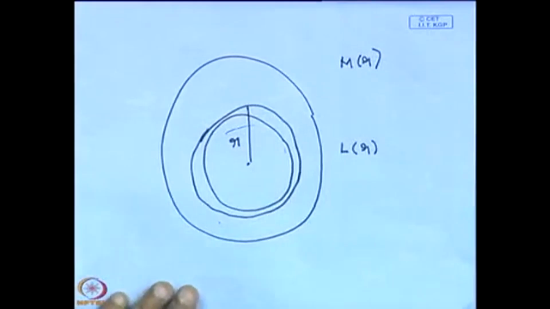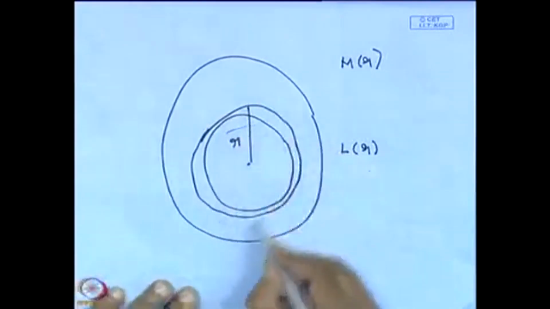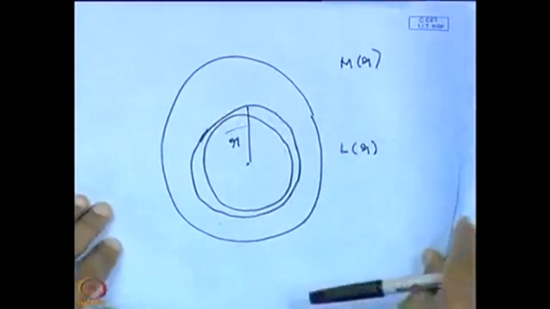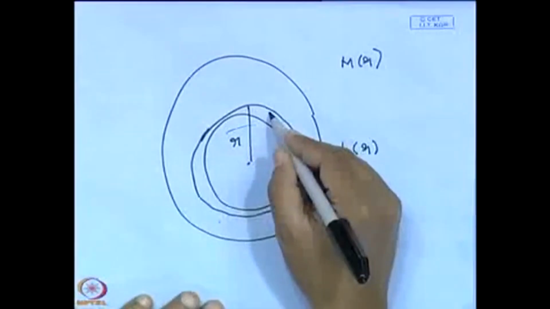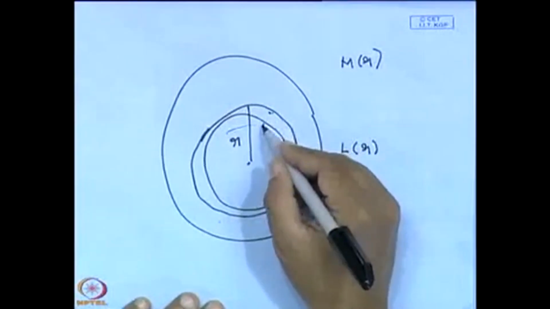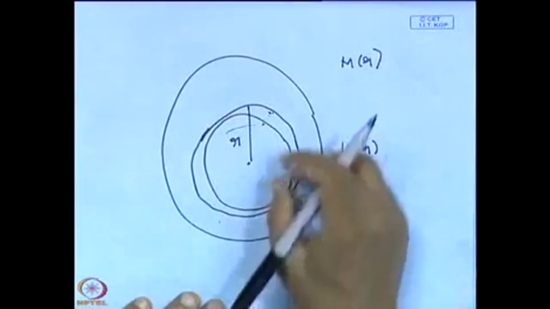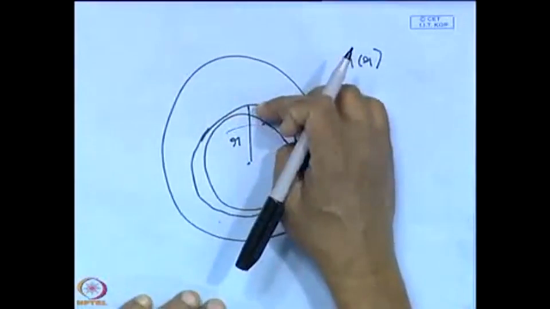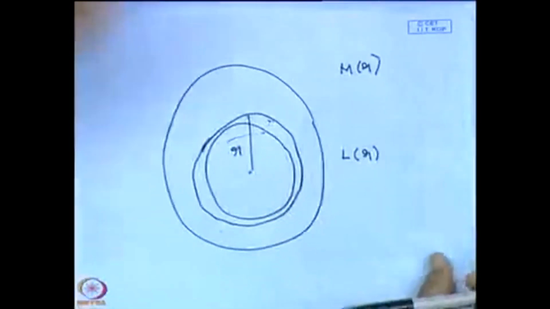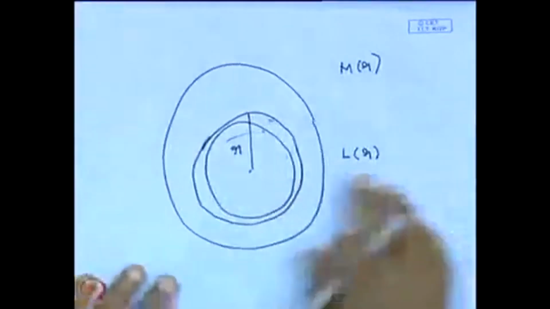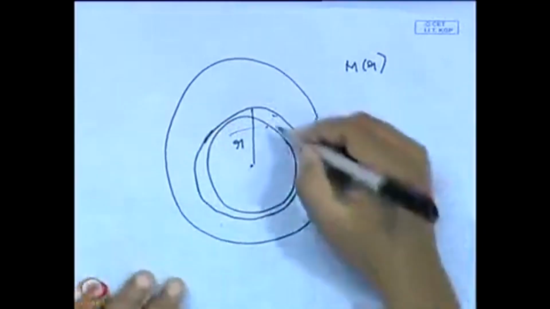And the luminosity at a distance r plus delta r is L of r plus delta r. So, let us just calculate the difference in energy flux between here and here. The difference in luminosity is the total radiation that is coming out from this surface.